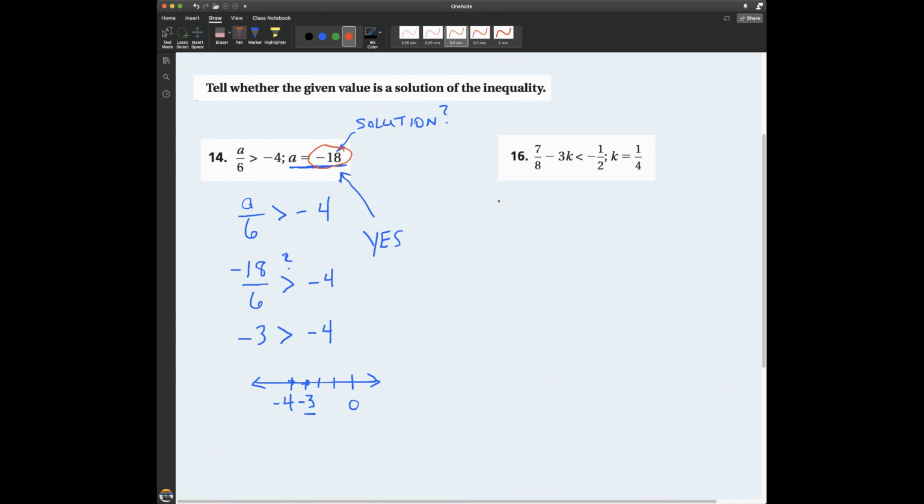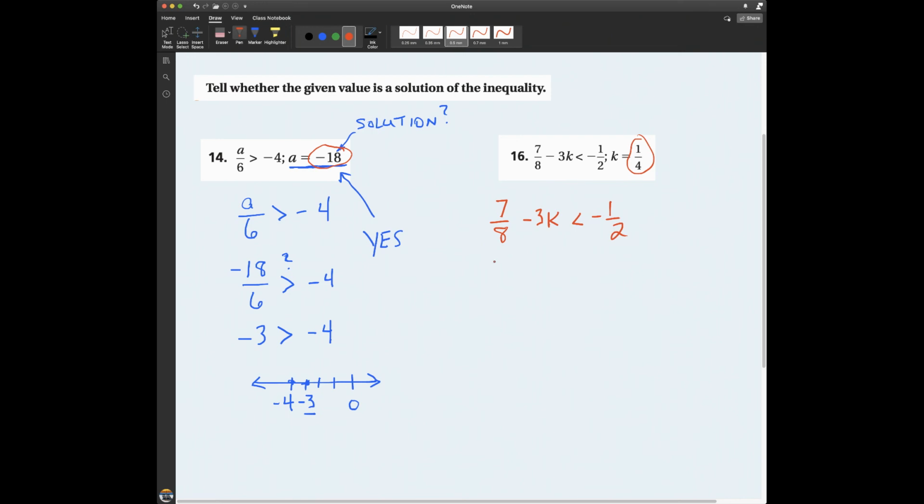So this one, let me write it down. It's 7/8 minus 3 times k is less than negative 1/2. And for this problem, we're going to let k equal 1/4. I want to know, is that a solution?